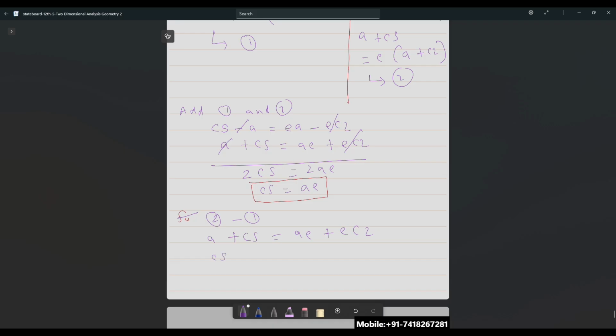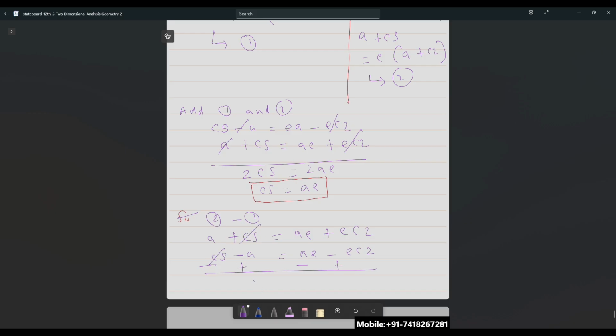Write down CS minus a equals ae minus e times CZ. If you subtract, plus minus plus, this CS will go off.